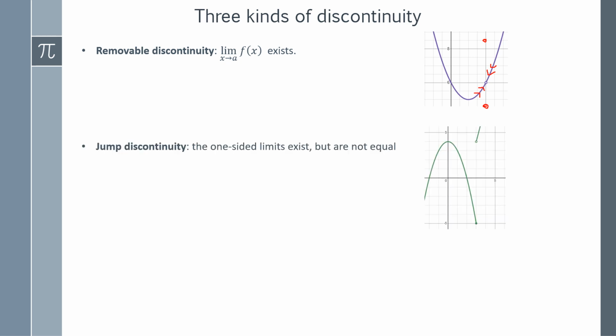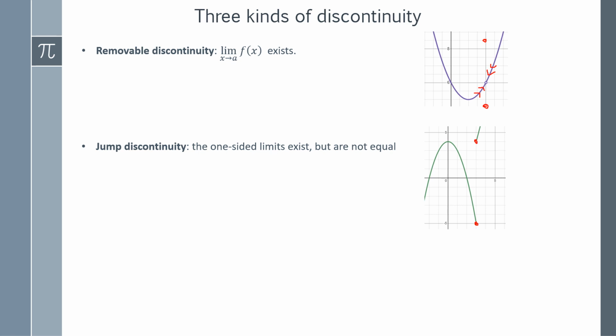Let's take a look at the second type, and this is what we're going to refer to as jump discontinuity, where one-sided limits exist, but they're not equal. We've seen this example right here. Over here, the left limit is -5, the right limit is +4, right?